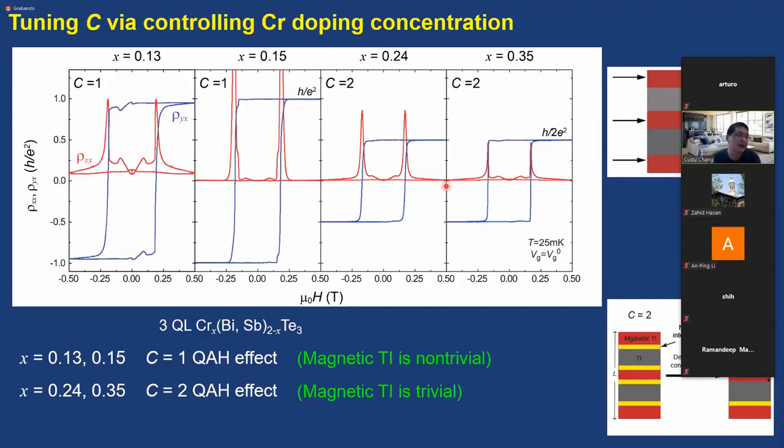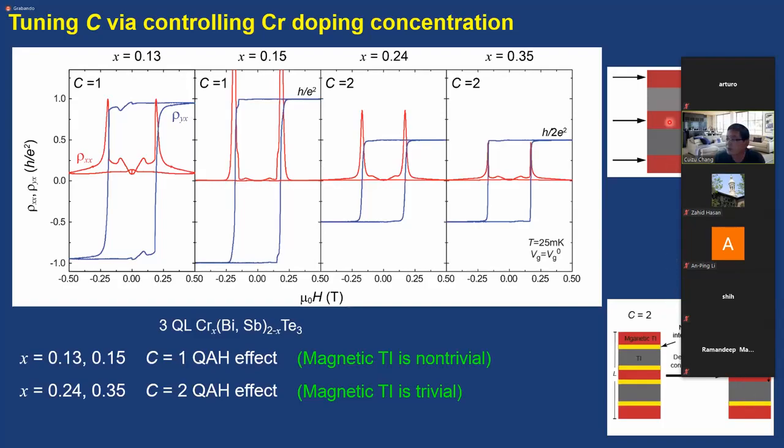As I just showed you, for the lower doping level, the middle magnetic TI layer is still topologically non-trivial. So these 3 layers share the same topology. So there are only 2 chiral non-trivial surface states, and each contributes h over 2e squared. So the total Hall conductance is h over e squared.